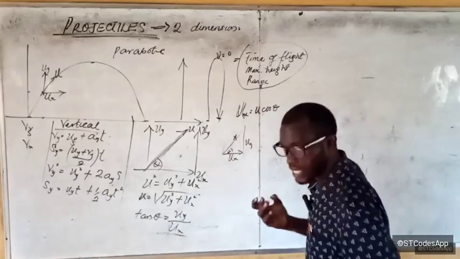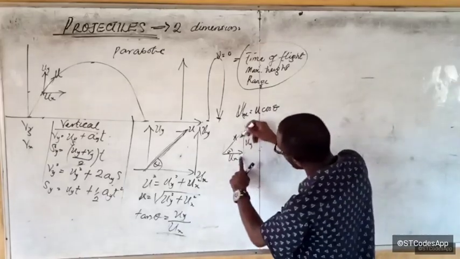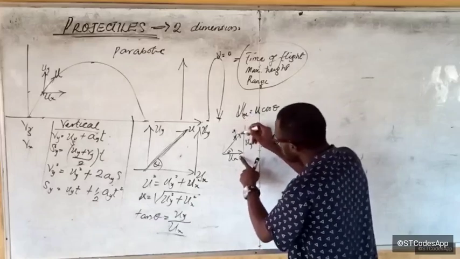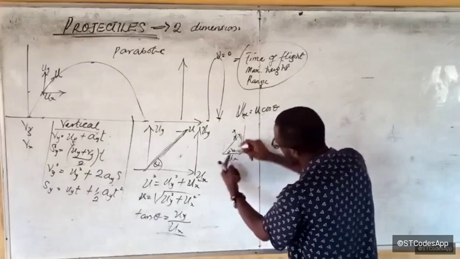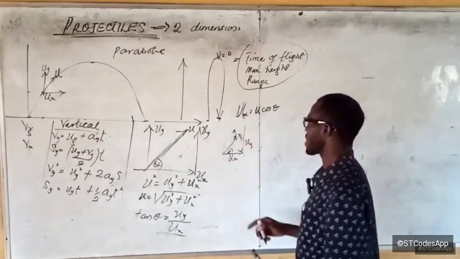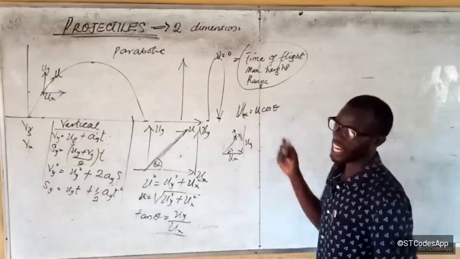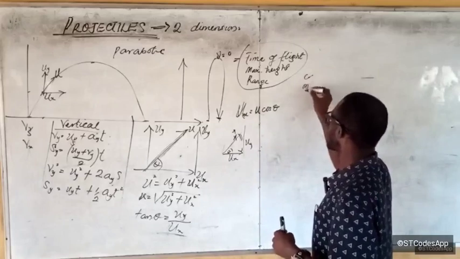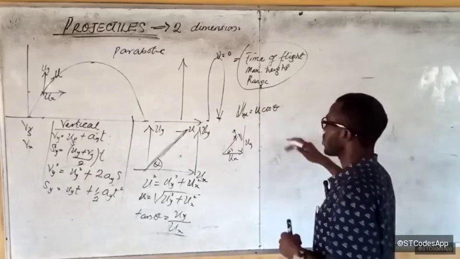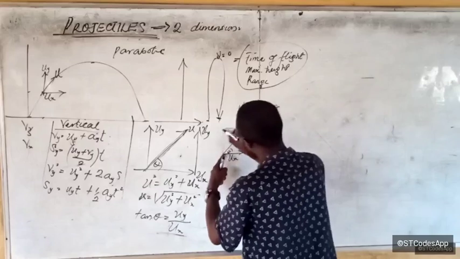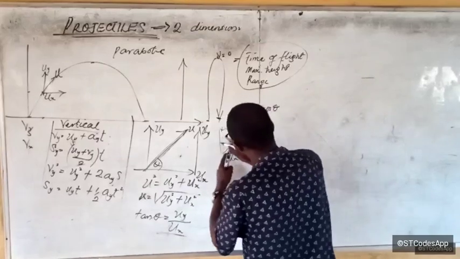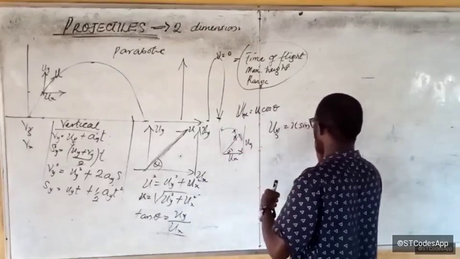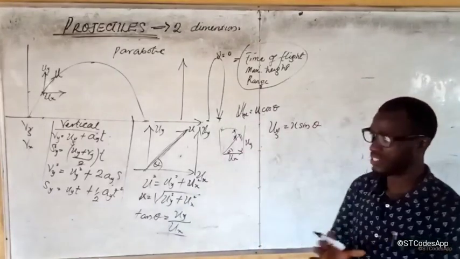Now, the trick here is this. When you are resolving this u vector to the horizontal component, you are closing this angle. So if you are closing an angle, you use cos, and if you are opening an angle, you use sine. So if we are resolving to the vertical component, we'll be opening up this angle. So u sub y therefore is u sine theta. And it's very simple. It's not hard at all.